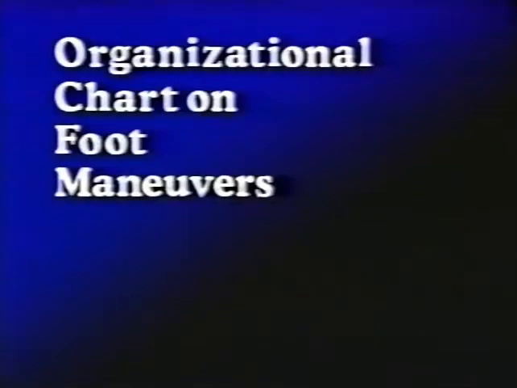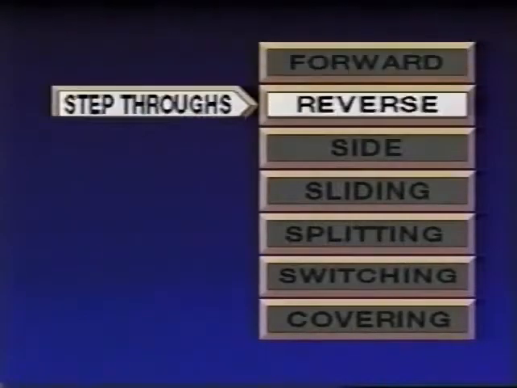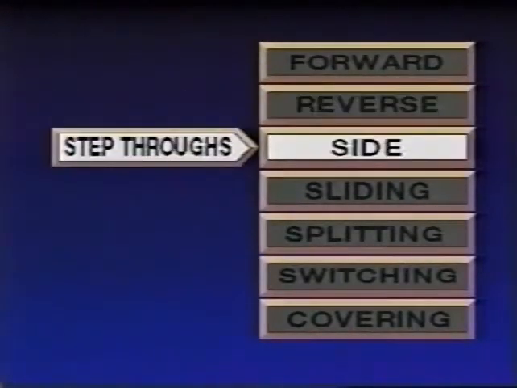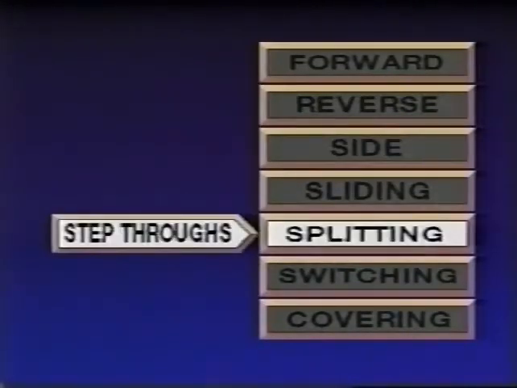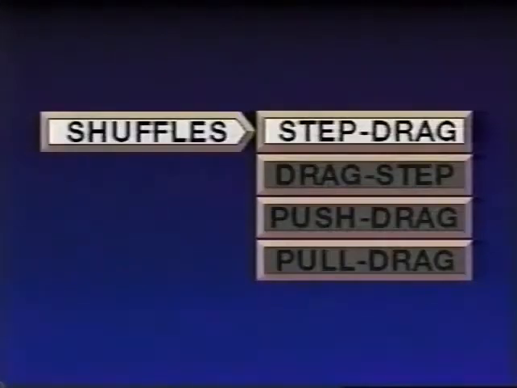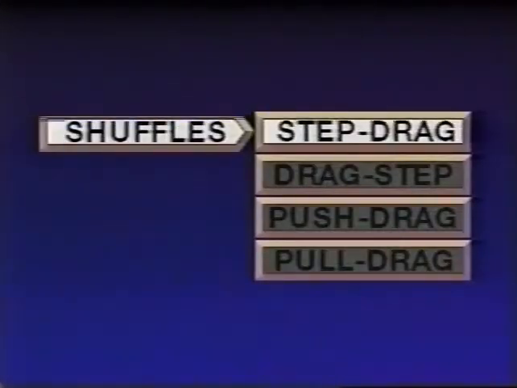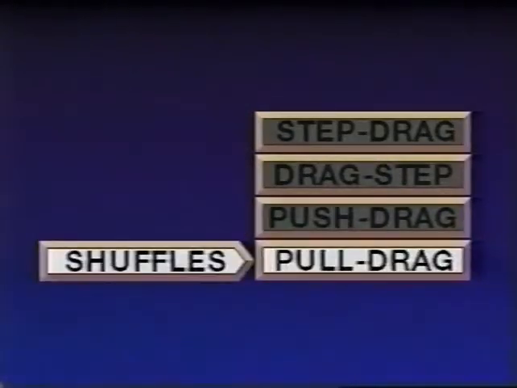Organizational chart on foot maneuvers. Foot maneuvers: there are step-throughs, forward, reverse, side, sliding, splitting, switching, covering. There are shuffles, such as step drag, drag step, push drag, pull drag. In the crossovers, you have front and rear.